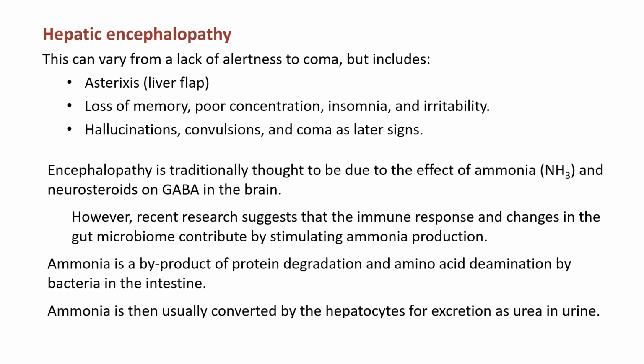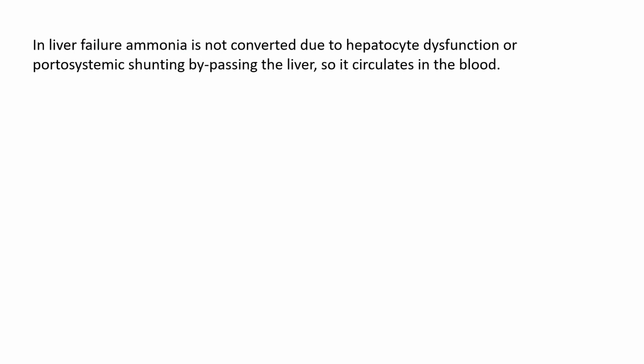Now, ammonia in a normal physiological healthy situation is usually converted by the hepatocytes and then excreted as urea in the urine. This is where urea comes from. But, of course, you can see where we're going here. We've got liver failure.